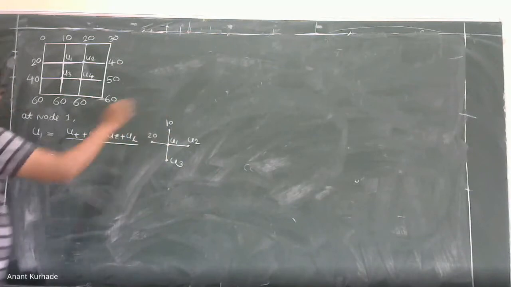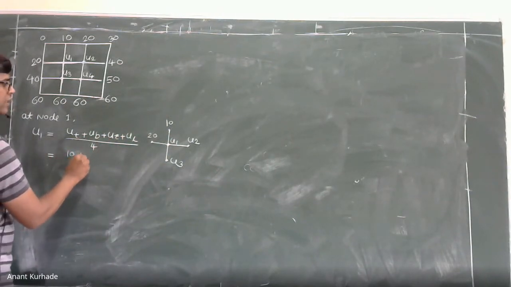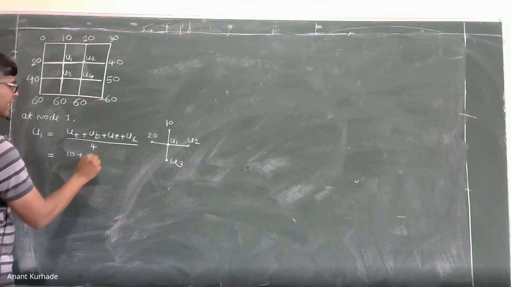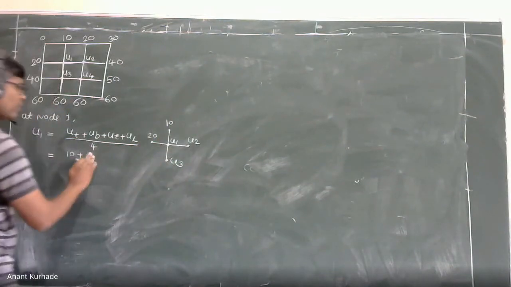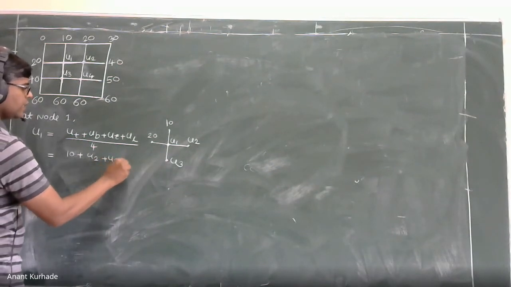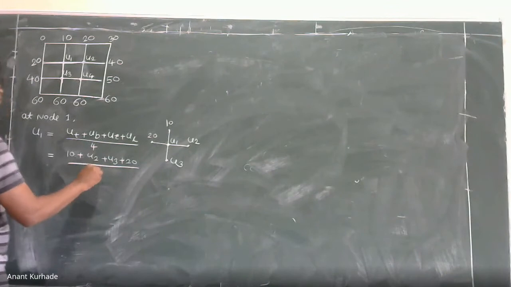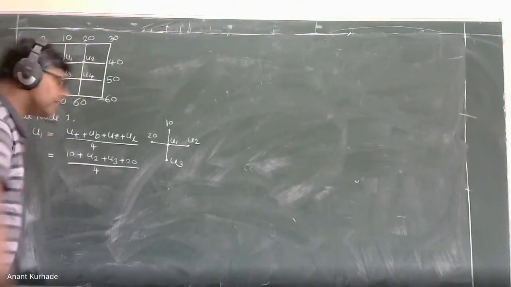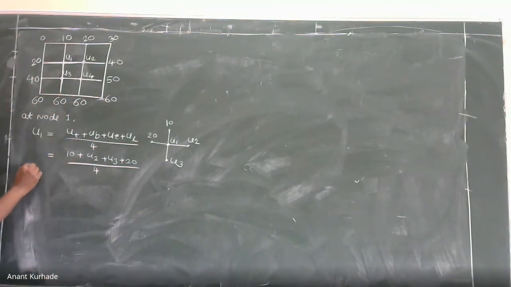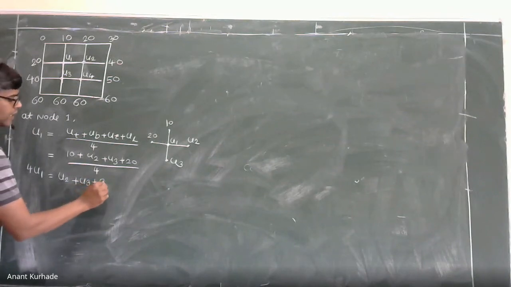Now write 10 plus U2 plus U3 plus 20, divided by 4. Cross multiply, then we have 4U1 is equal to U2 plus U3 plus 30.